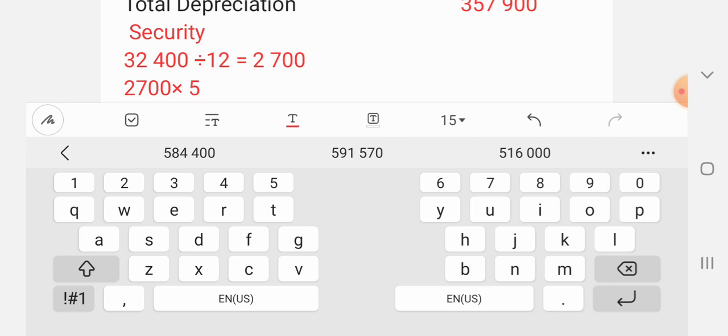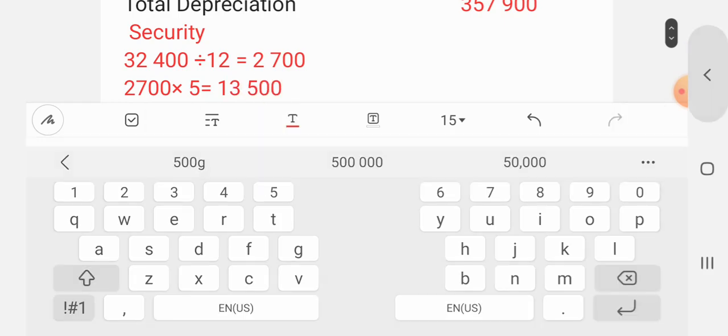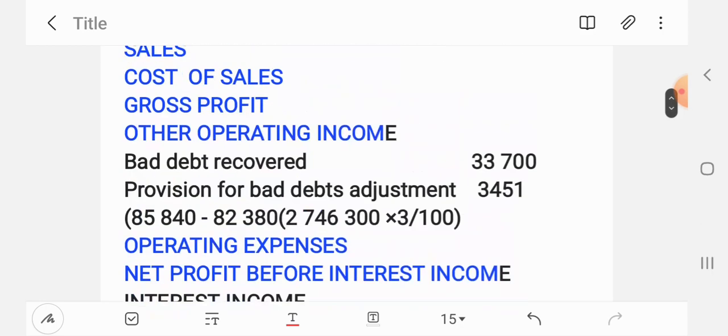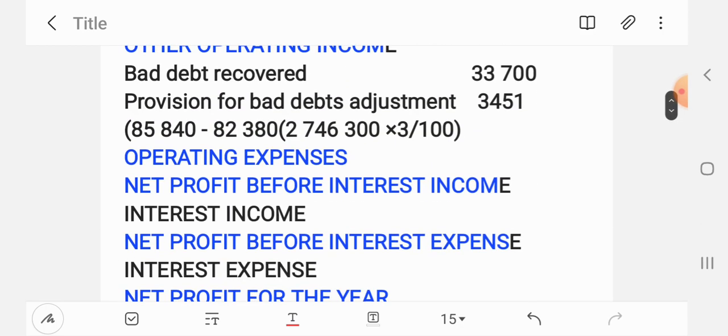So from the time we paid it to the end of the financial year, it's 7 months. So 7 months are within the financial year, and the 5 months is outside of the financial year. So that will give us 13,500 rand. So we have to subtract 13,500 rand. Those are operating expenses.